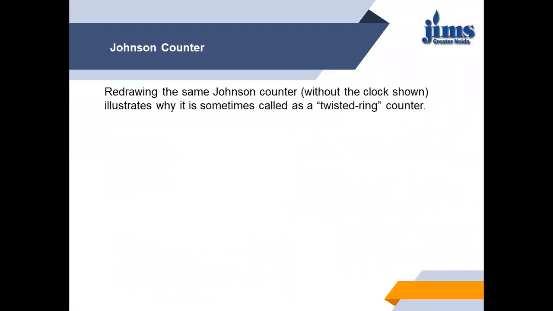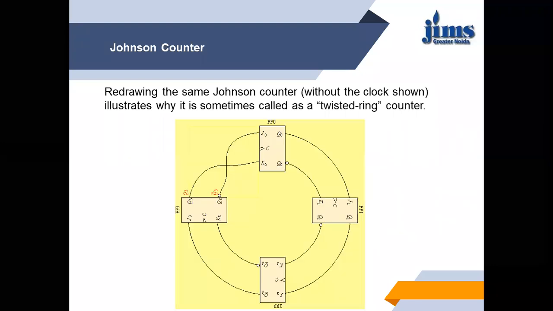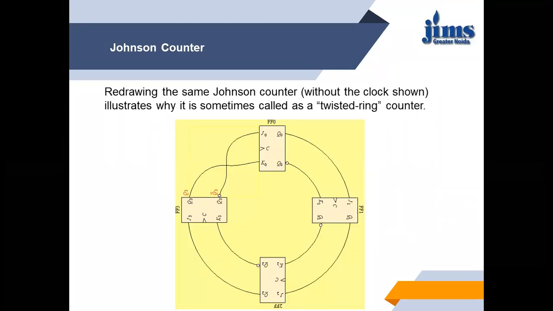Now redrawing the same Johnson counter without the clock illustrates why it is sometimes called a twisted ring counter. So the Johnson counter is also known as the twisted ring counter, and when we redraw the circuit, it looks like this. I have removed the clock here, and you can see the twist, because Q3 bar is connected to J0 and Q3 is connected to K0.